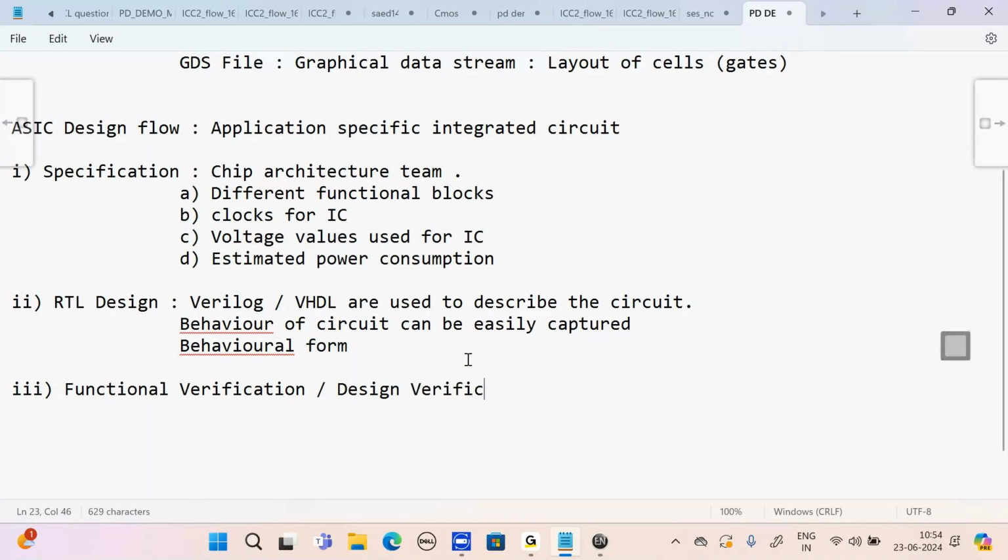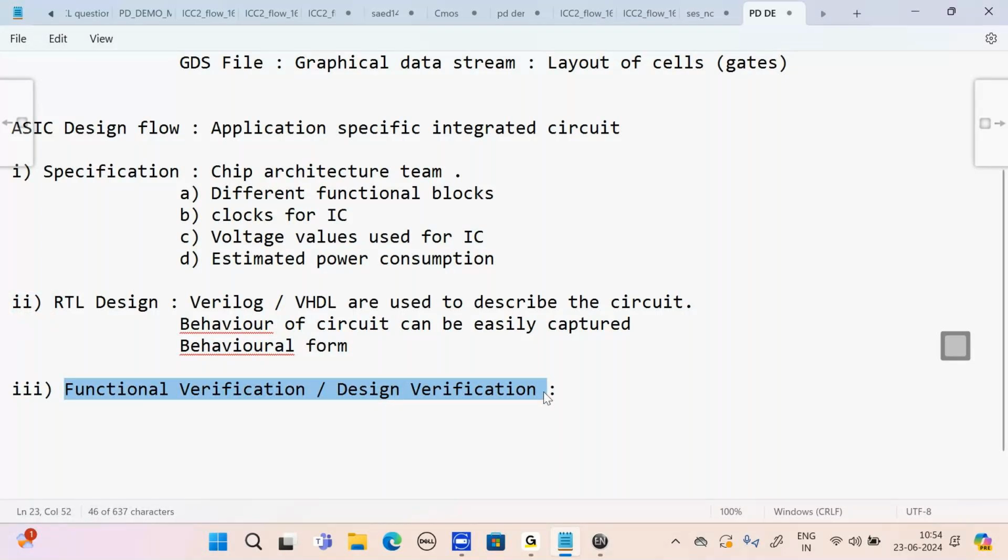This is one of the interesting courses. Functional verification or design verification is also a separate course. Each step is a separate course. RTL design is a separate course. Functional verification is a separate course.